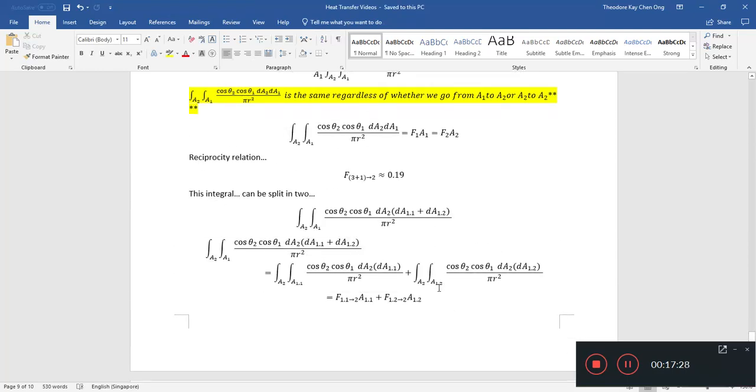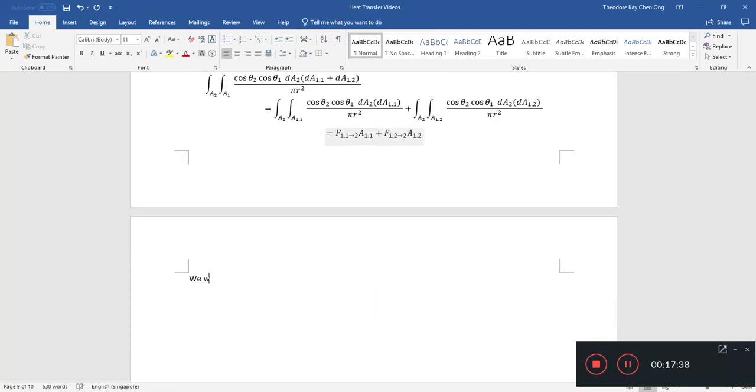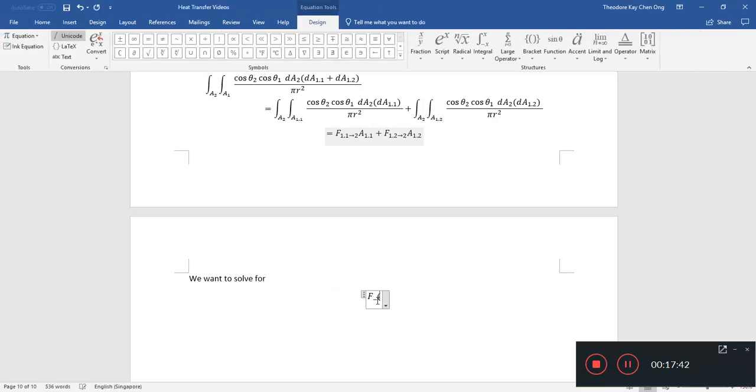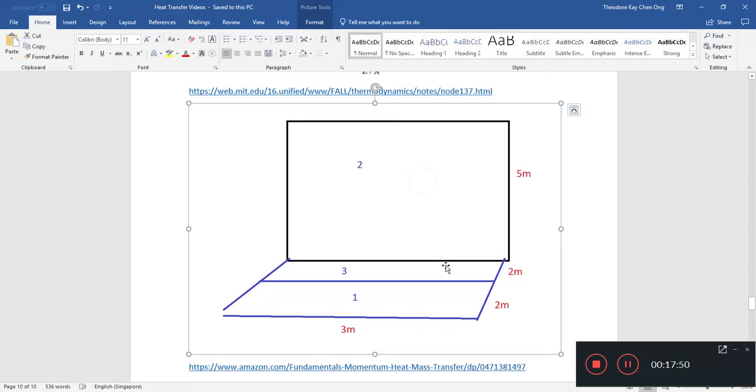Alright, so why are we going through all this trouble? Now we want to solve for f1 going to 2, the view factor from 1 going to 2.